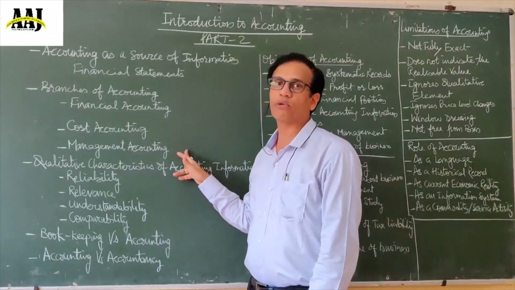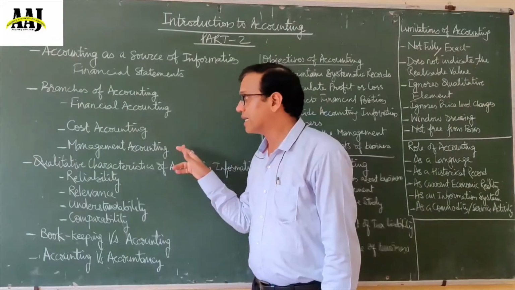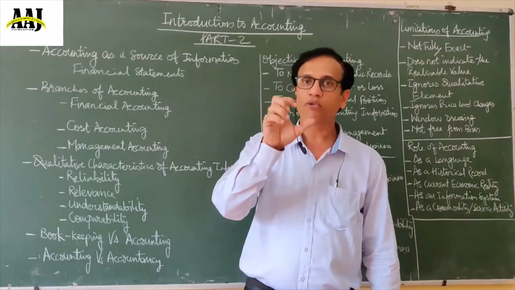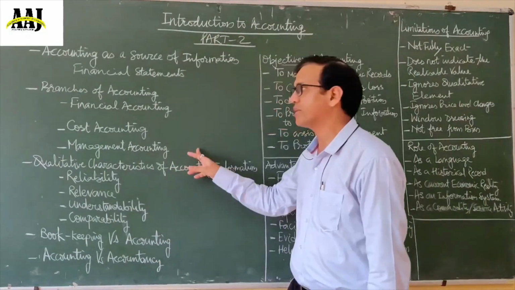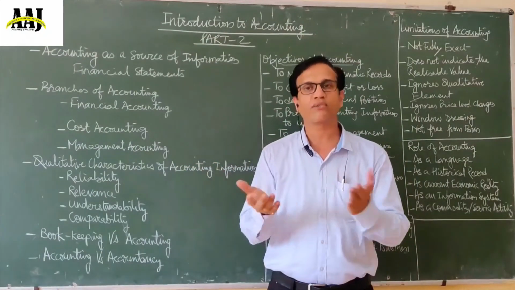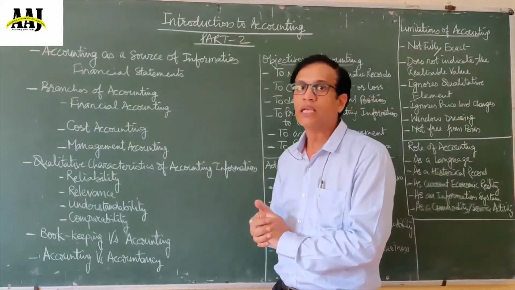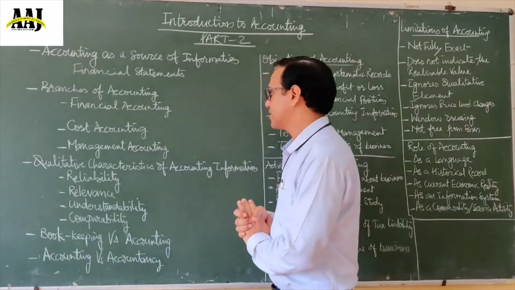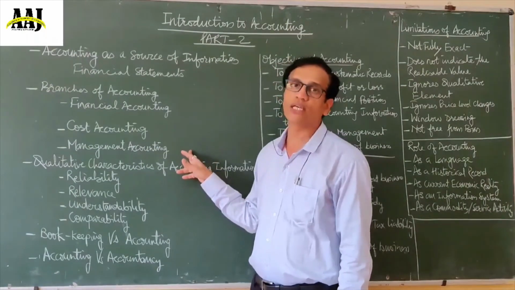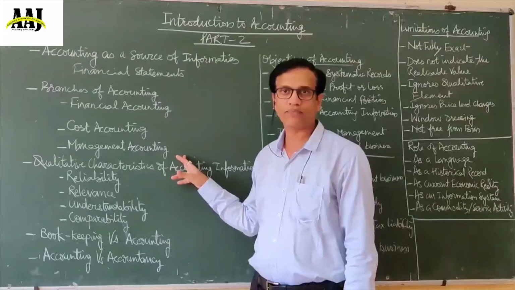A financial report is prepared. Analysis is done by using the tools and techniques of management accounting, such as ratio analysis, cash flow analysis, and funds flow analysis. Various other analysis techniques are also used here in management accounting.